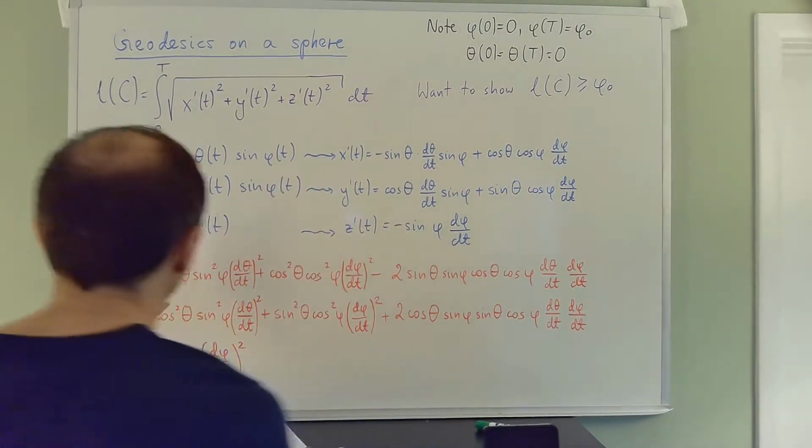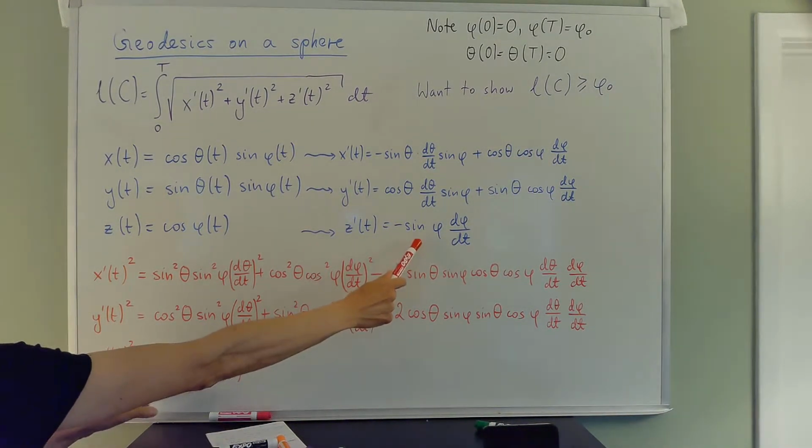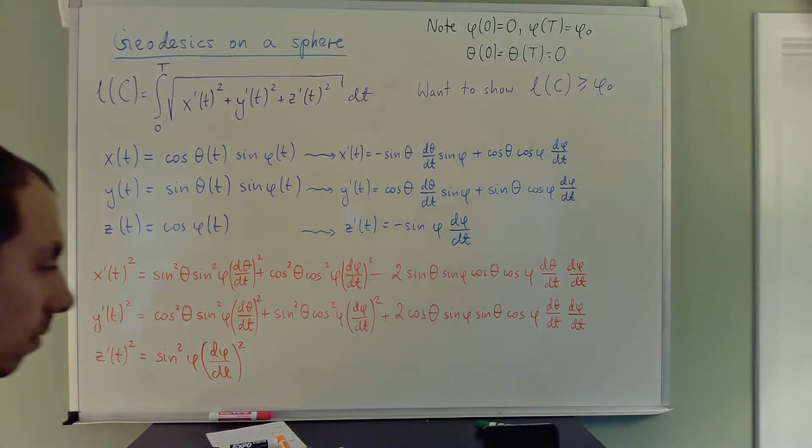And finally z prime, well, that's easy to square. That's sine squared phi d phi over dt squared.